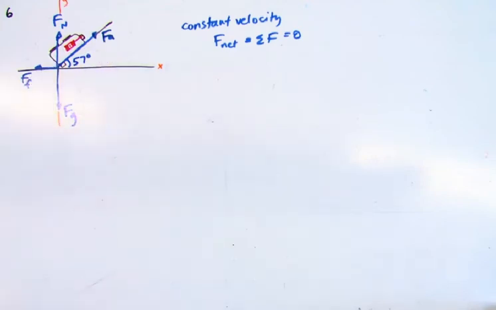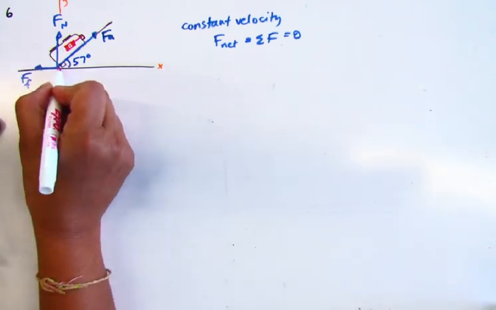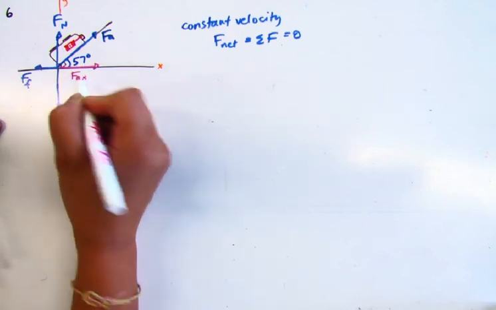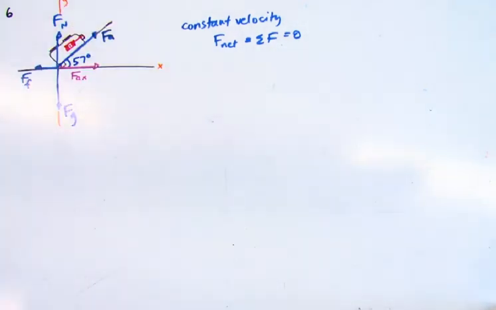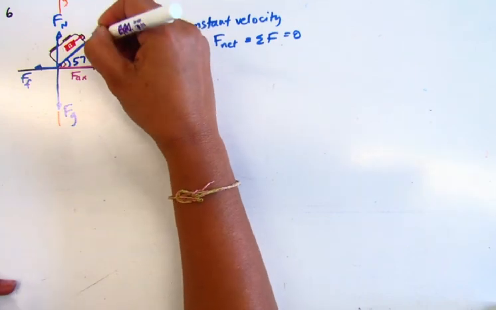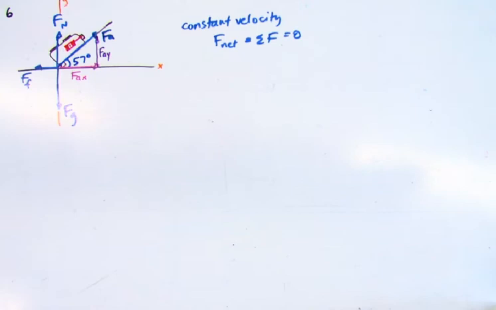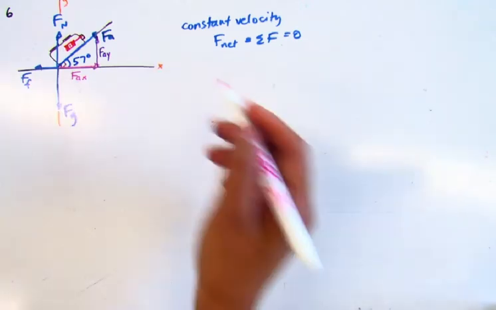It's the applied force that we have to resolve into our components. So part of the applied force is pulling it along. So we've got the Fax in this direction, and then we also have the Fay in this direction. So we have to do some trig on these two. So let's figure that out first.